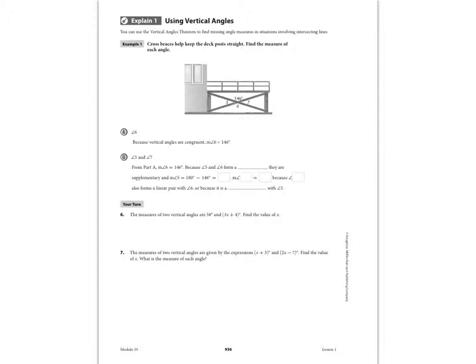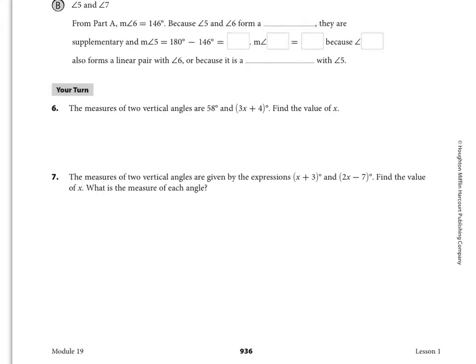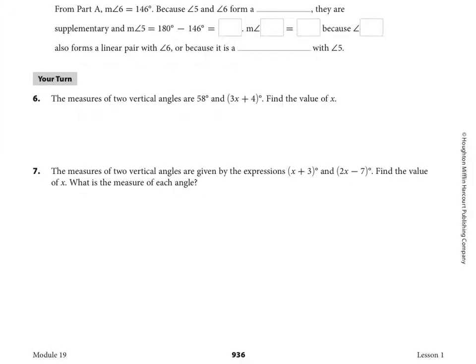Number 6 states that the measures of two vertical angles are 58 degrees and 3x plus 4 degrees. Find the value of x. Well, the vertical angles theorem states that the two vertical angles have equal measures, or they're congruent, which means that 58 degrees is equal to the measure of the other angle.